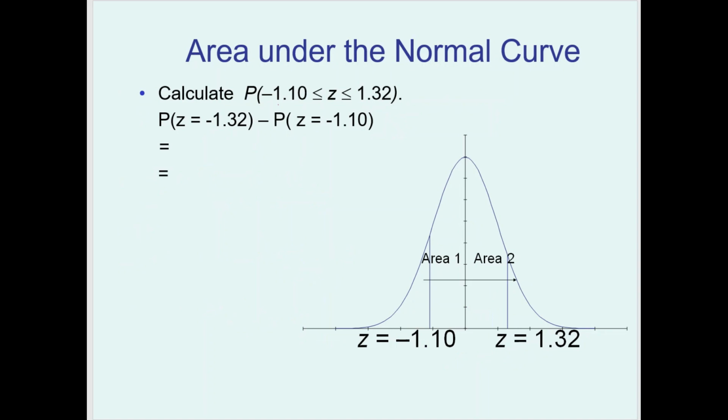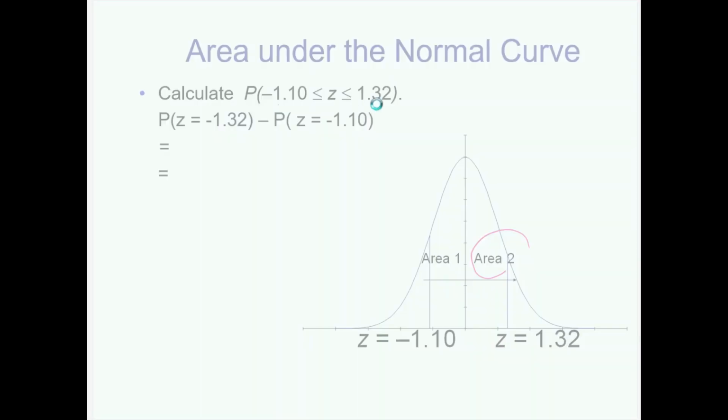Area 1 is z equals negative 1.10, and the other one is area 2, z equals 1.32. The question asks us to calculate the probability of the area which is more than negative 1.10 and less than 1.32.